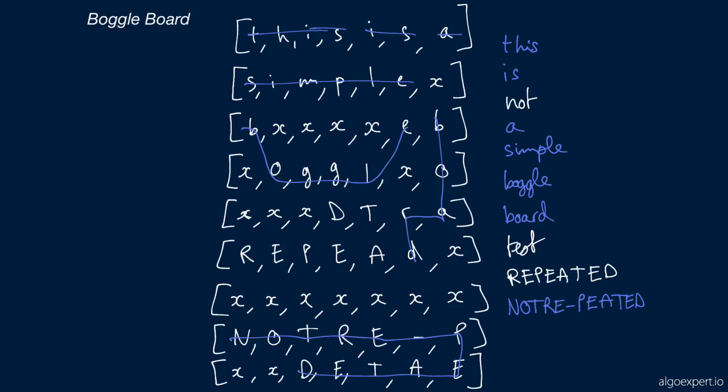But if we follow the trail of characters, we've got R, E, P, E, A, T, and then we need another E before we can hit this D here. And the only other E that we have is right here. We've already visited it. So we would have to do something like this, going that way. But we cannot repeat this E. That goes against the rules of the boggle board. So that's why this string repeated here is written in white, because it's not going to be contained in the boggle board. So that's the example that we have.